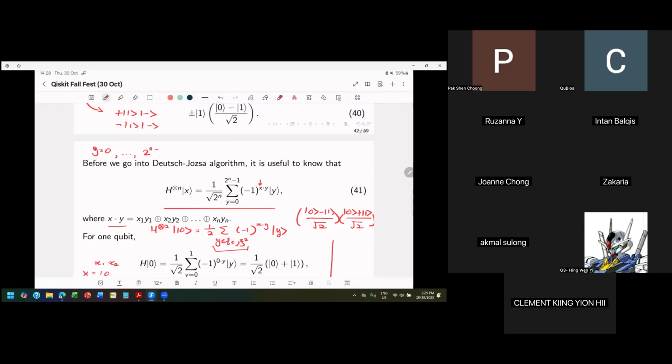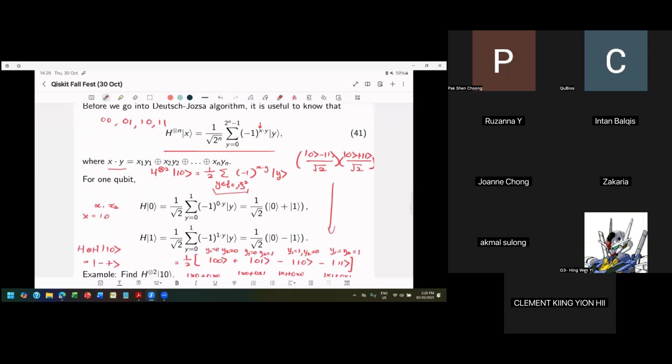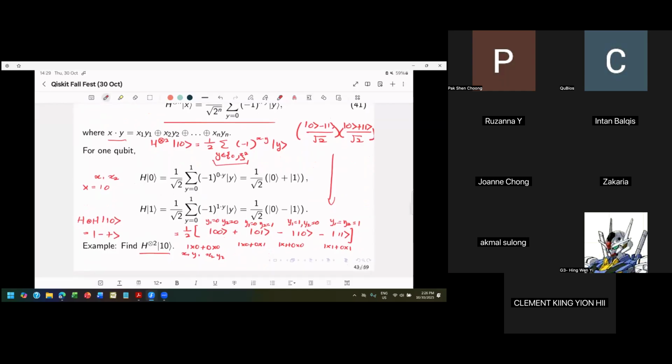When you do the summation, you actually convert it to binaries: 0, 0, 0, 1, 1, 0, and 1, 1. This is the binary representation of the numbers from 0 to 2 to the power n minus 1. A little bit confusing, and that's why I show you one example to show you exactly how it is being done.